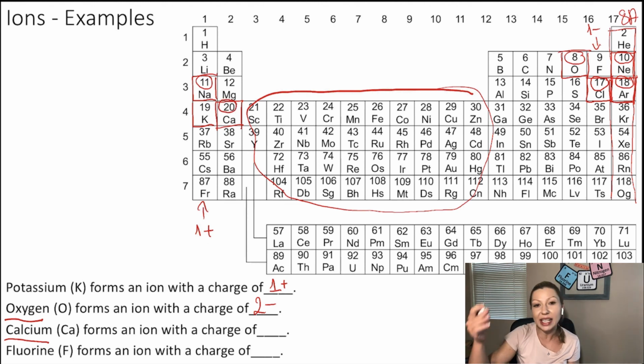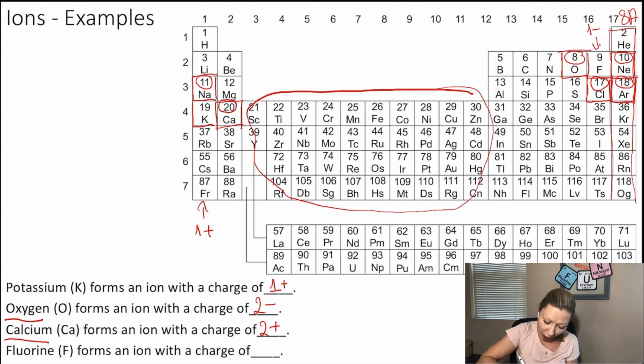So what would be the easiest way for calcium to have the same number of electrons as argon has? It has to lose 2 electrons. So to go from 20 to 18, as it loses 2 electrons, right? It loses 2 negative charges. So it's going to have a charge of 2 plus, okay?